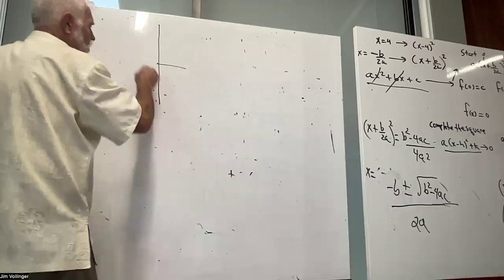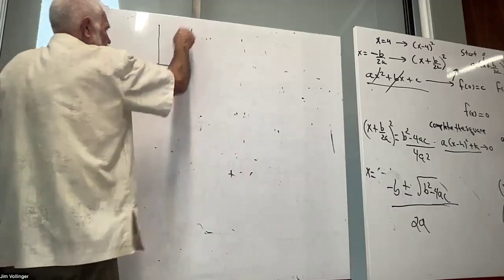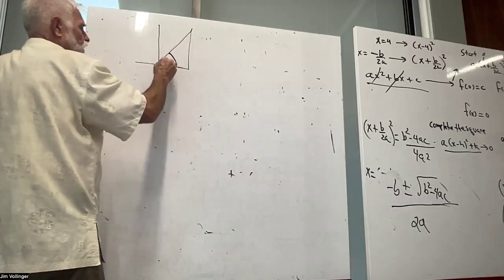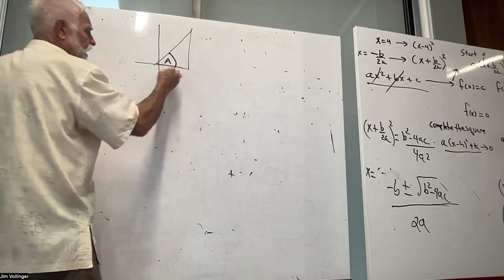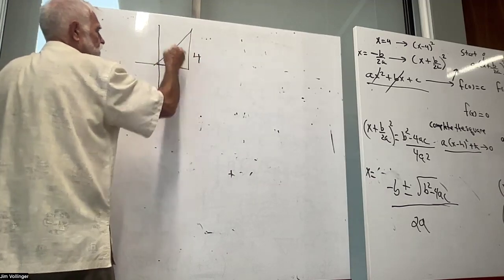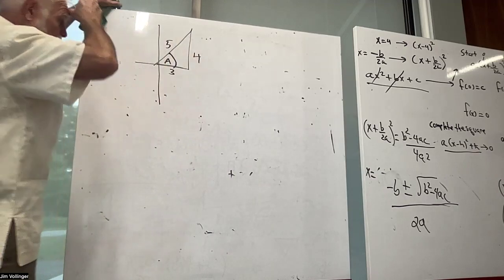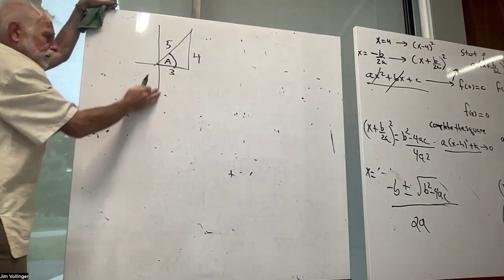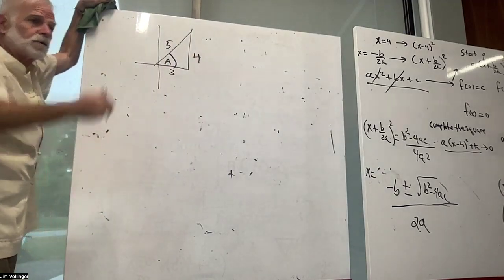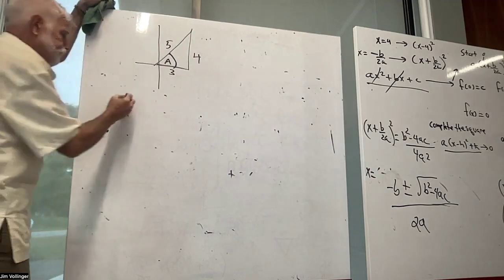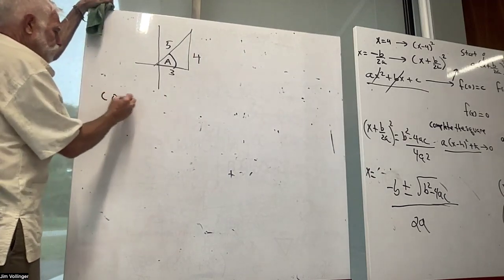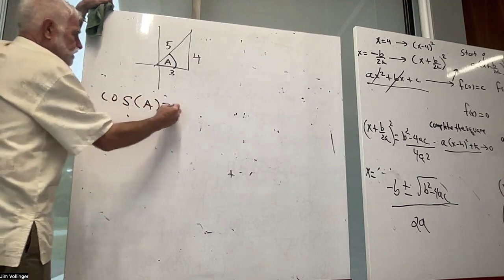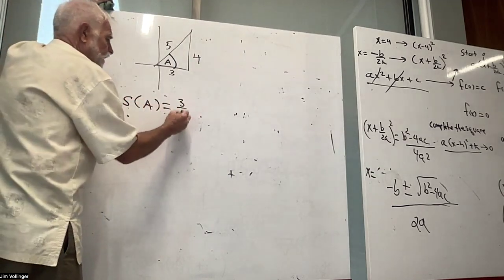And I'm going to put it in a coordinate system this time, and I'm going to call that angle A. This side length is 3, this side length is 4, that side length is 5. And I'm going to define these functions for you by just writing some truisms. The cosine of angle A is equal to 3 over 5.